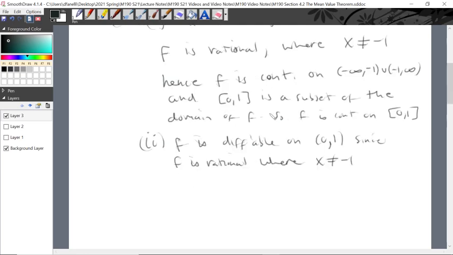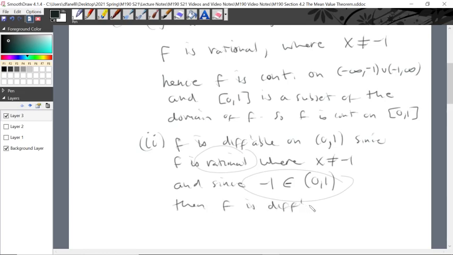Another way to make this statement about the subset is to say, since negative 1 is not an element of the open interval 0 to 1, and f is rational, then f is therefore differentiable on the open interval from 0 to 1.